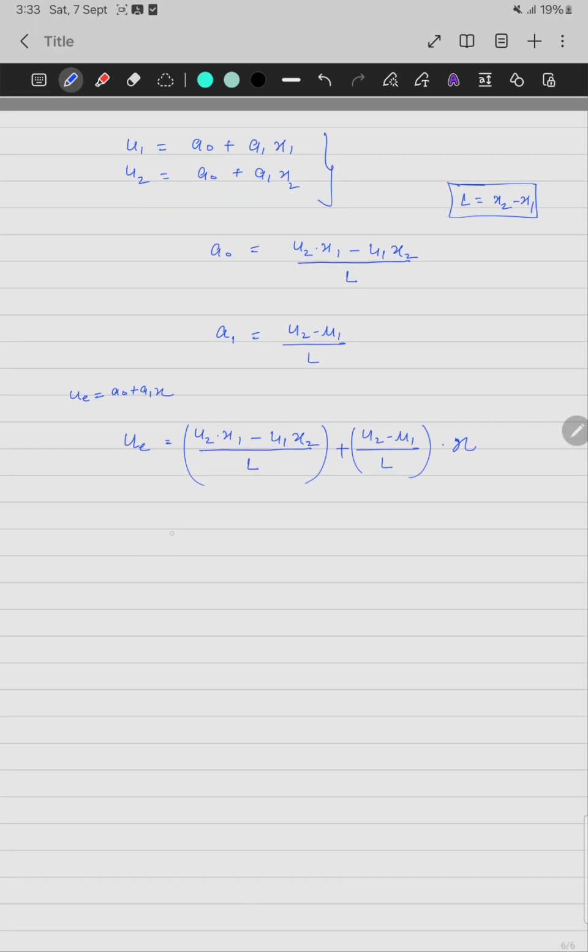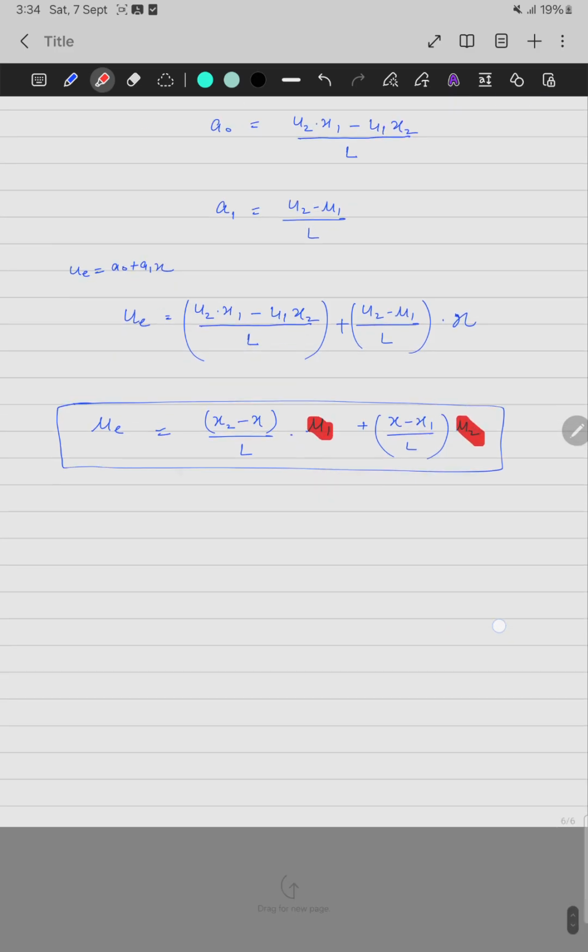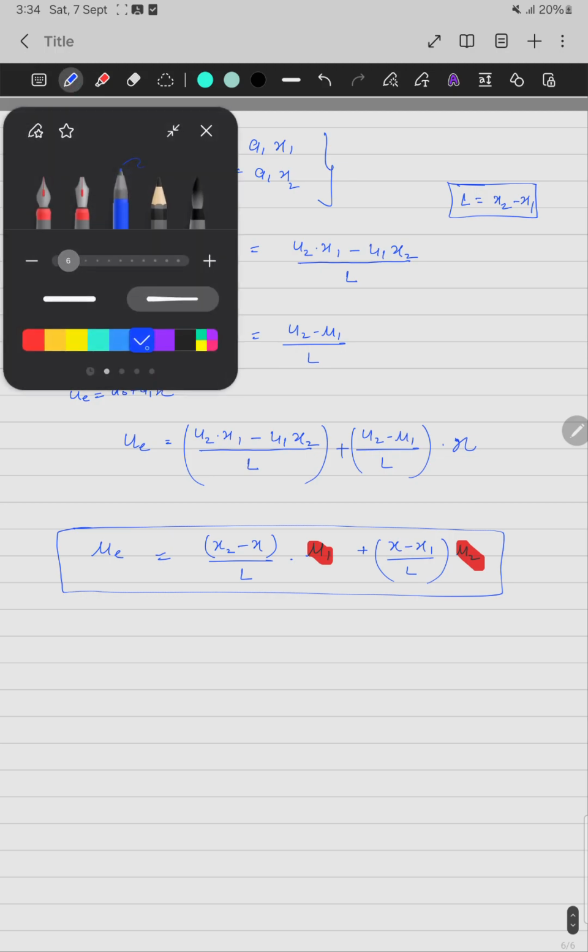We can rearrange this equation, and after rearranging we'll get (x2 minus x) divided by l times u1, the nodal displacement at x1, plus (x minus x1) divided by l times u2. Now we have our displacement equation in terms of our nodal displacements.